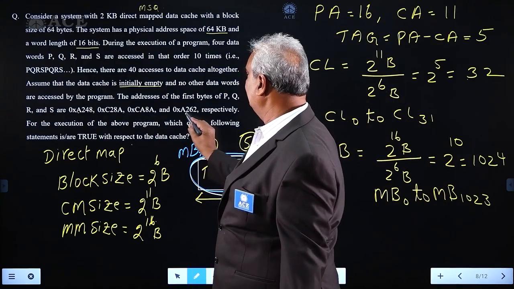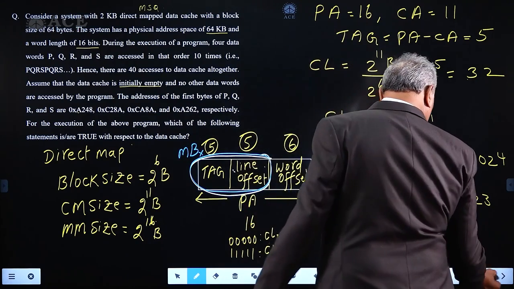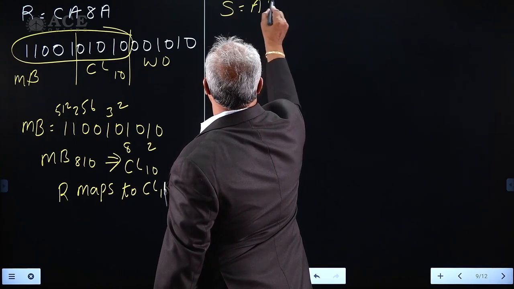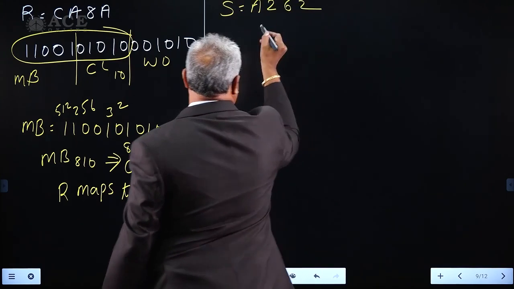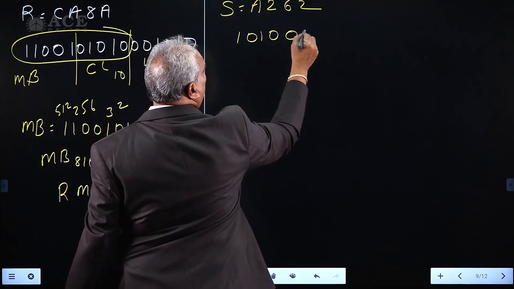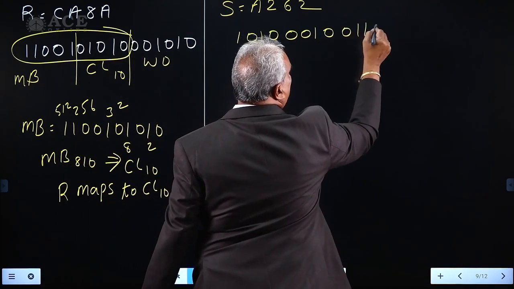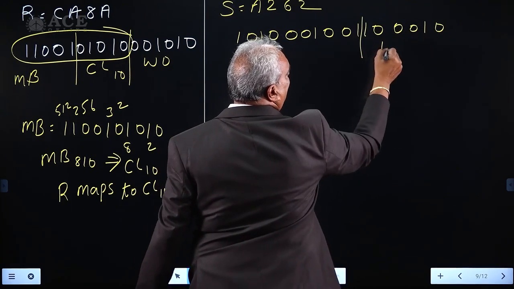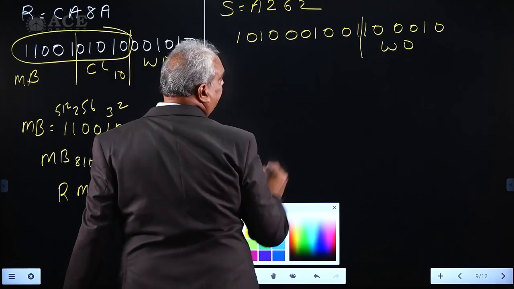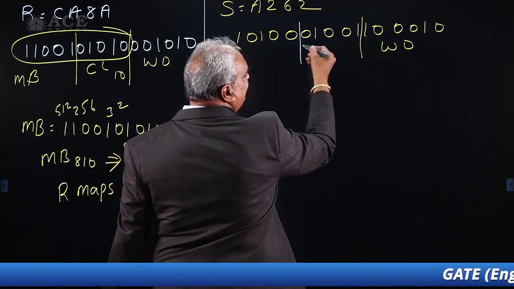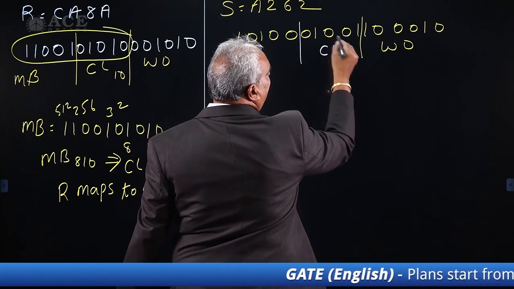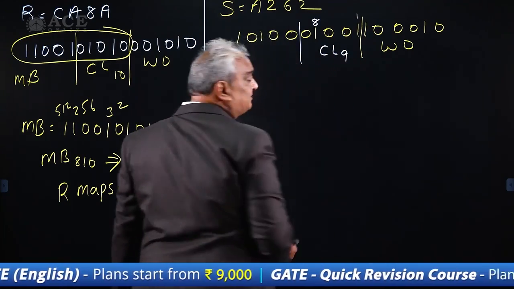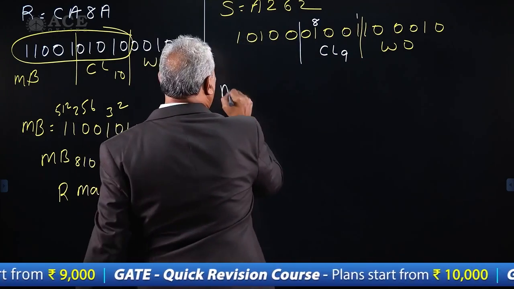Next, what about S here? S is A262. Here, A means 1010, 2 means 0010, 6 means 0110, 2 means 0010. The least 6 bits are the word offset. Next, 5 bits are the cache line offset, 1, 2, 4, 8, nothing but CL9, so S maps to CL9. Next, what about MB here?